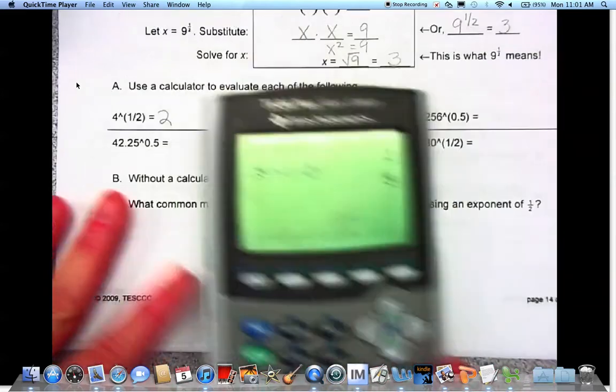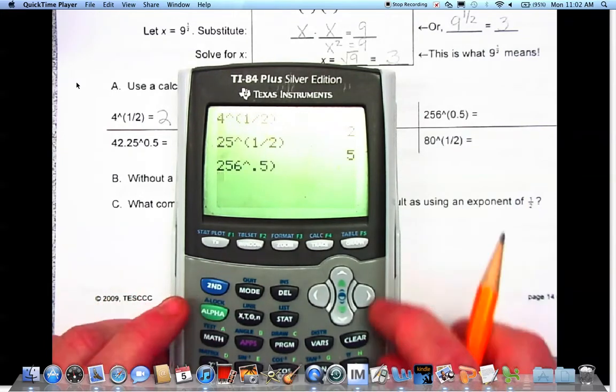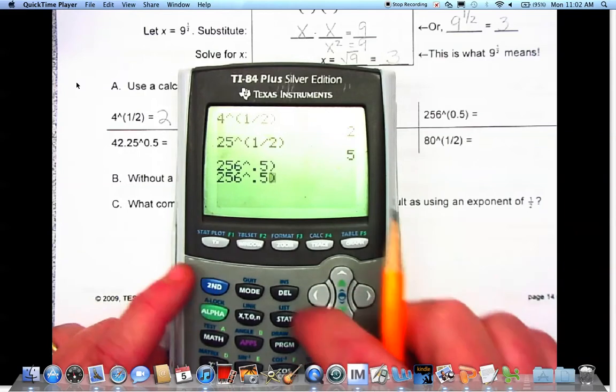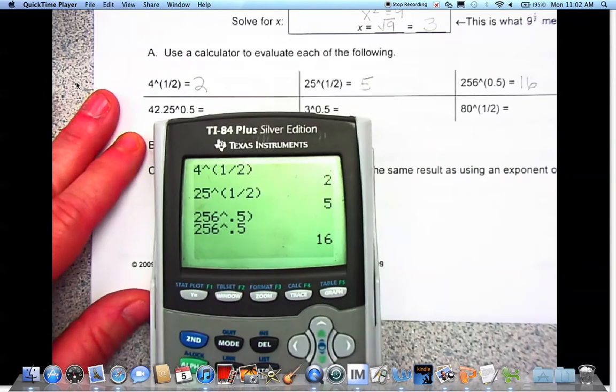How about 256 to the 1/2? I should have had that parenthesis. There we go. 16. 16 times 16 is 256. This 42.25, we'll probably have to do it on the calculator.